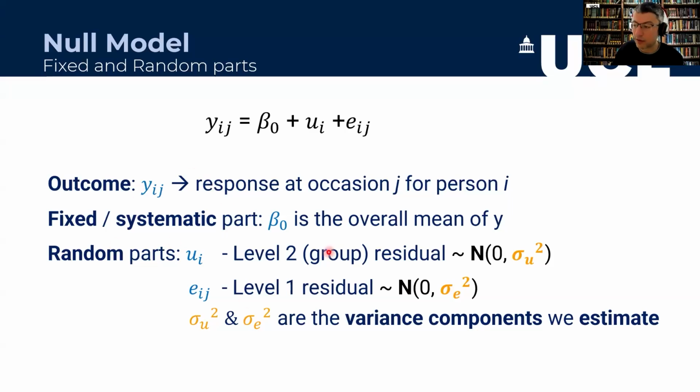So what happens when we have mixed models or random effects models or hierarchical models is that this structure of the data and these two values can be accounted for and calculated.